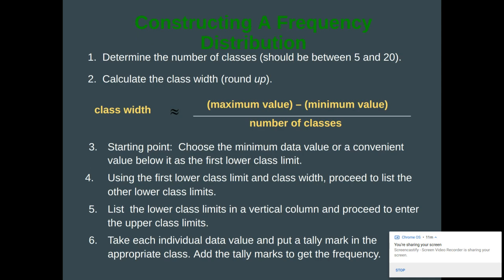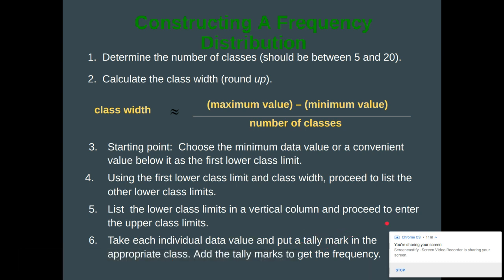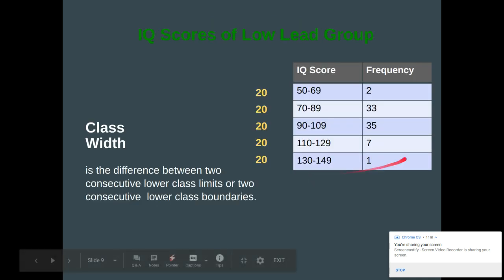Okay. Then, last thing, you're going to take each individual data value and put a tally mark in the appropriate class, or count them up. There's lots of ways you can do this. Ultimately, what you want to end up with is a count of the number of frequencies, or the number of different times a data value occurred that fell within this class.